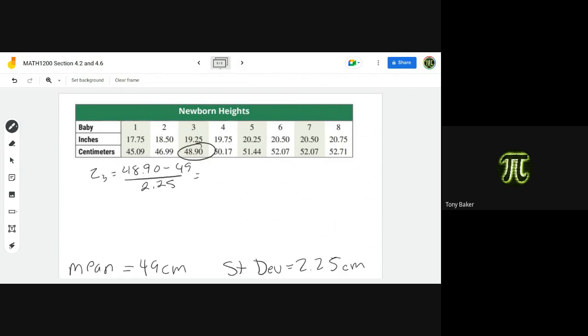And what do we get? What mean, is that a 49 or is that a 44? 49. That's a 49. So 0.04. So that's my z-score.